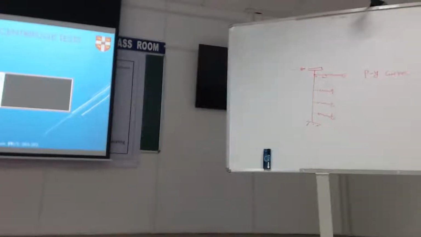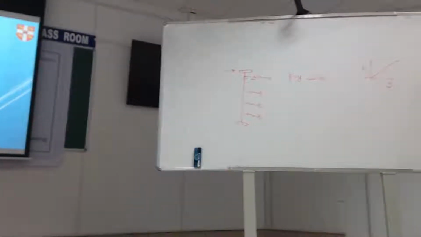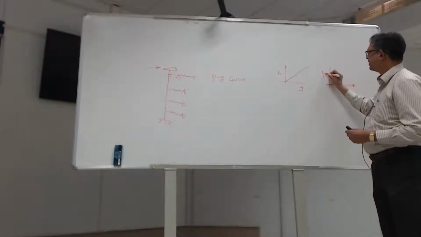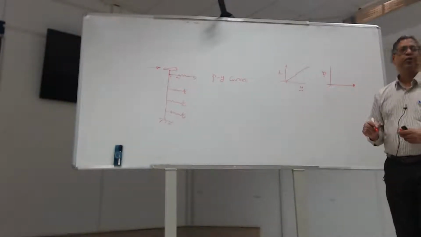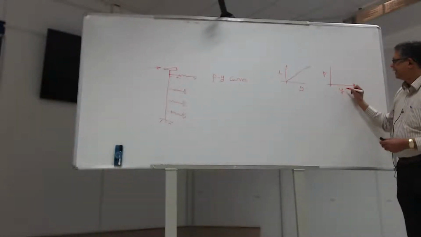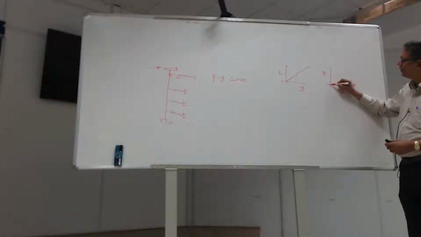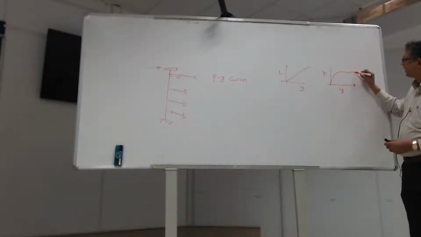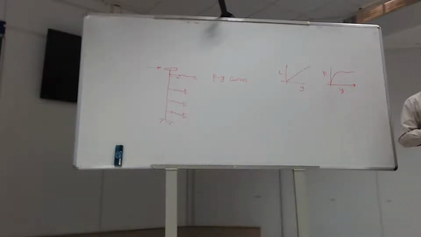To match that properly, they discovered that if I'm looking for the pressure created by the soil converted into some equivalent force versus y, these will take the shape of something like this. So if I keep increasing my deflection, initially I get quite an opposition, and I'll reach some peak, and then it will flatten out.